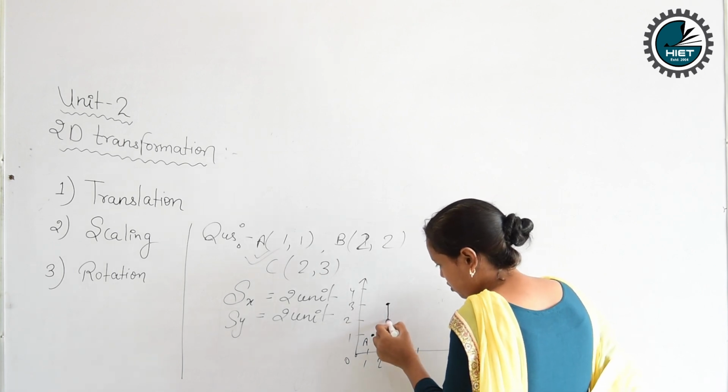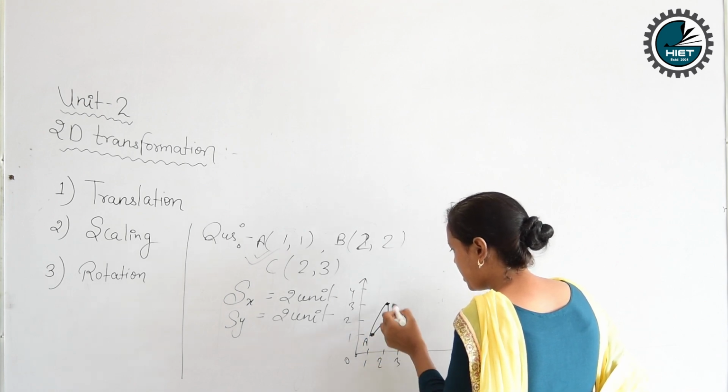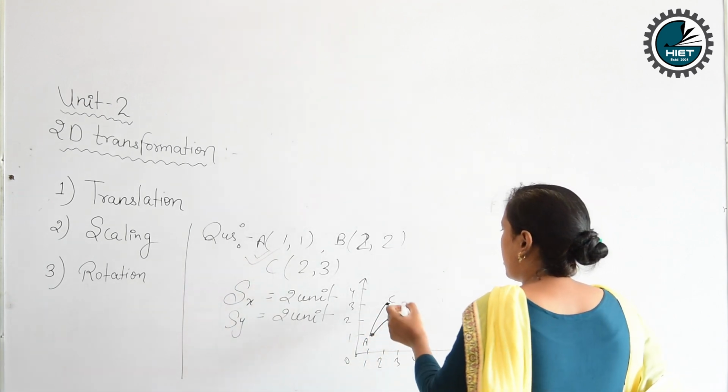This is the original object with points A, B and C.